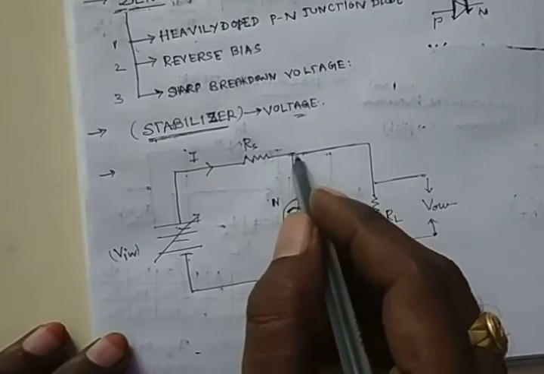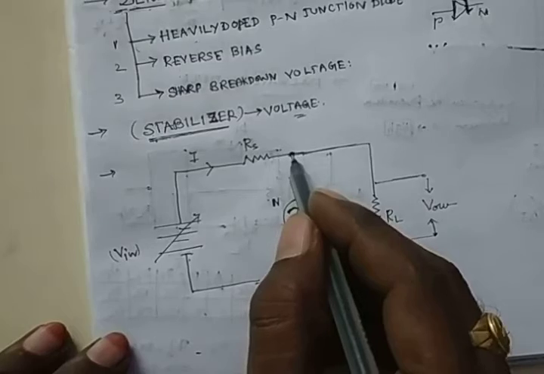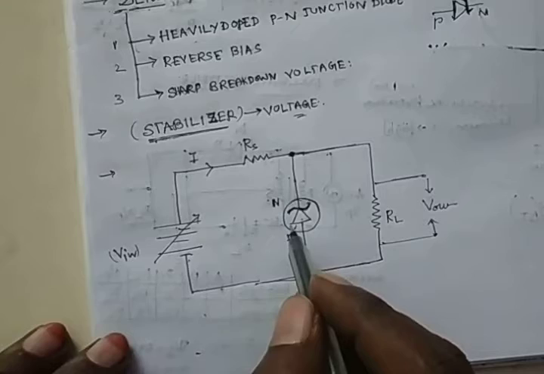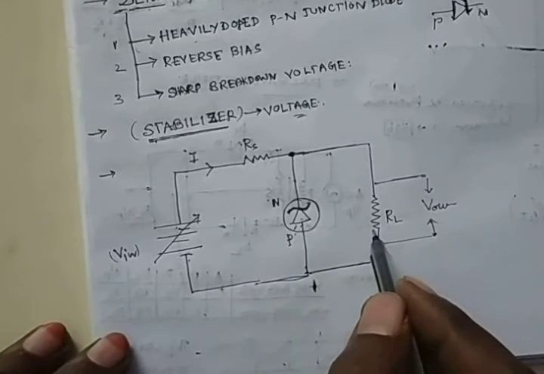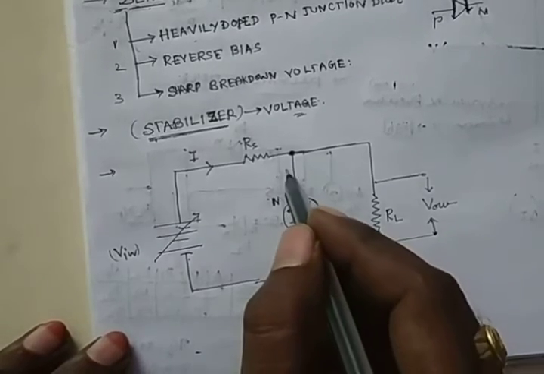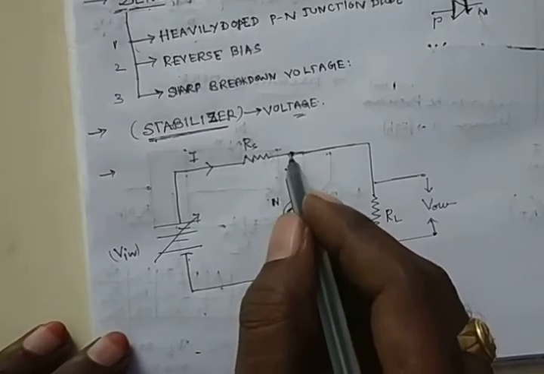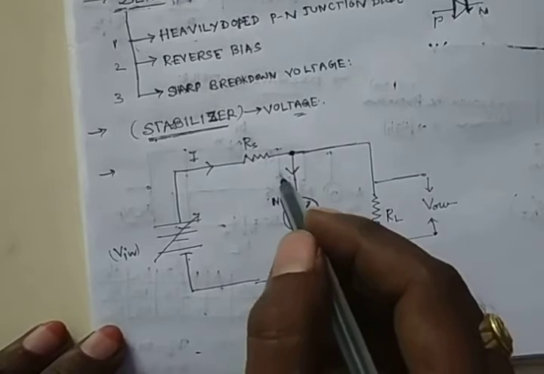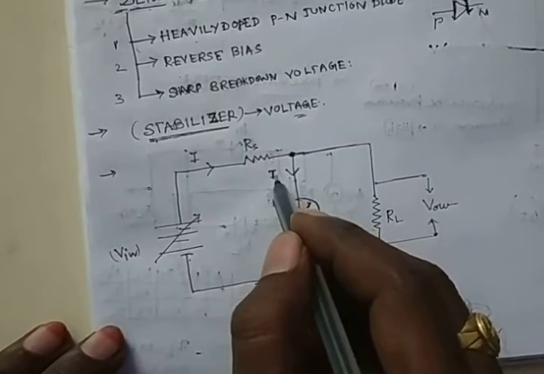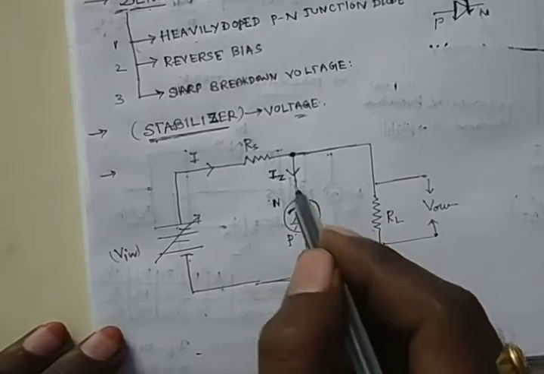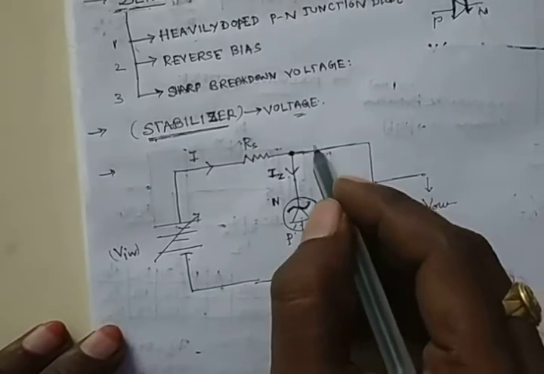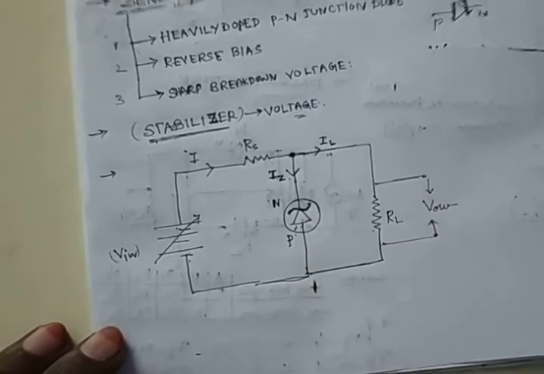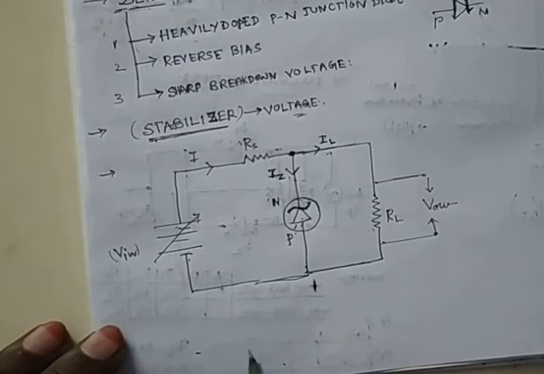Now what happens here? A junction is there. How many devices are present? One is a Zener diode and the other is a load resistance. So the current will be distributed according to Kirchhoff's junction law. The current passed through the Zener diode is IZ, and the current passed through the load resistance is IL.